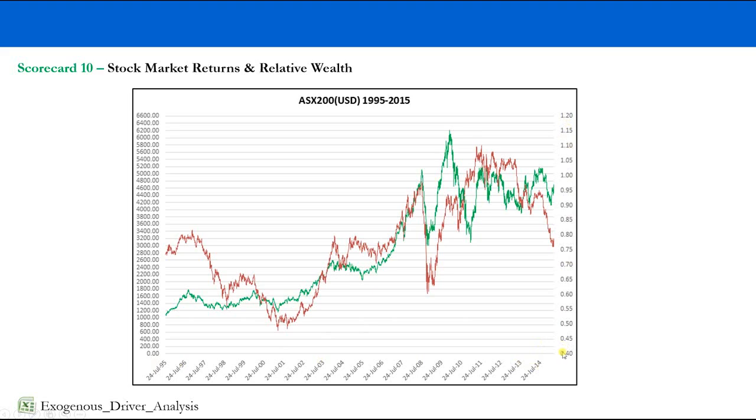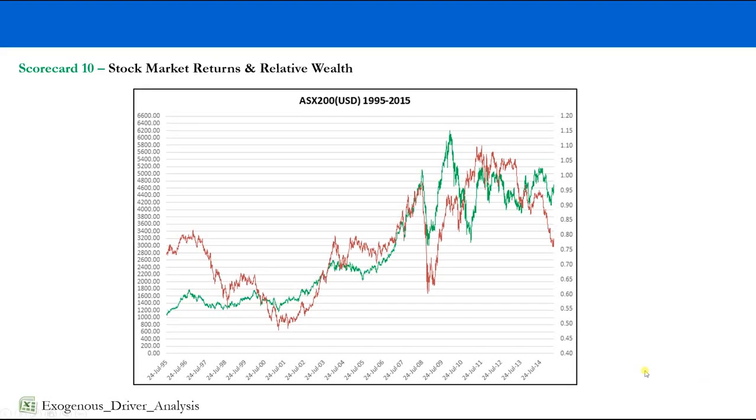And on the right-hand side, you can see the Australian dollar, US dollar exchange rate. So you can see straight away that there's a very, very strong relationship between the pension wealth or stock market value of Australia and the currency exchange rate, Aussie dollar, US dollar.